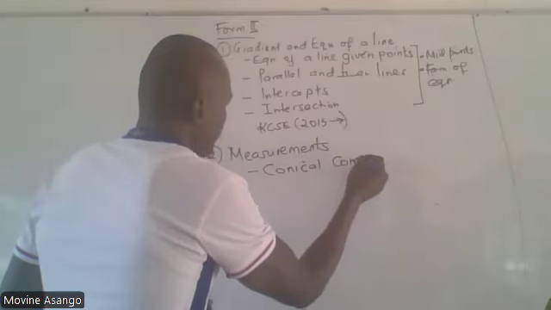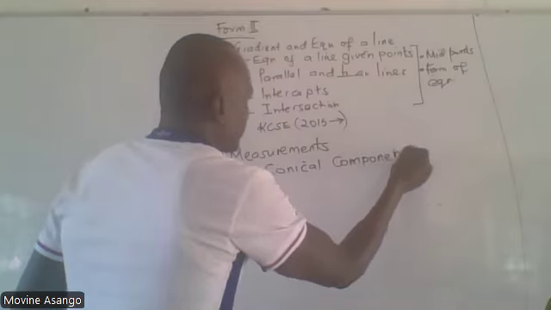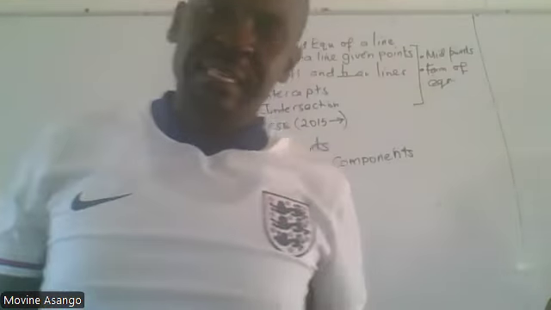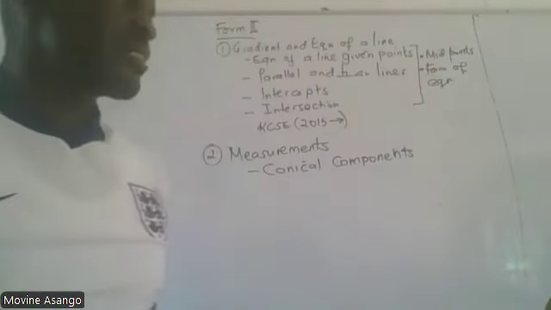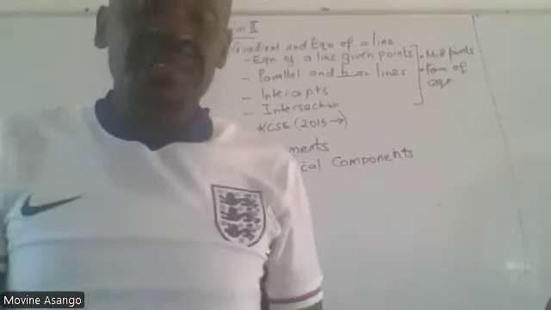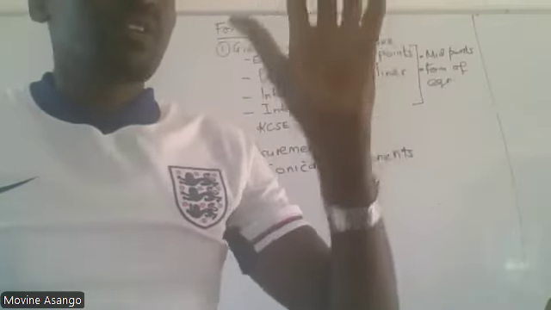These solids include shapes such as a bucket, a glass, a conical flask, a funnel. These are shapes that have got components which are conical.